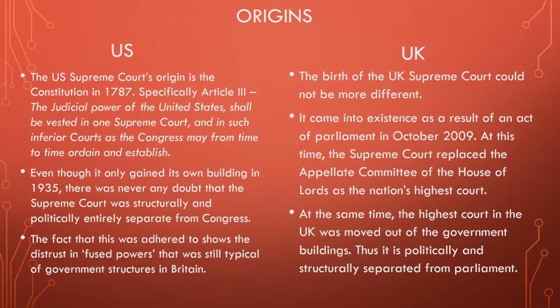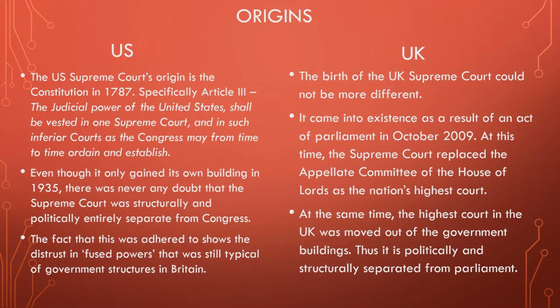And at the same time in 2009, the Supreme Court was moved out of government buildings and given its own building on the other side of Parliament Square, and so it is politically and structurally separate from Parliament itself. And so therefore they could claim that the Supreme Court had been removed from the political structure of Britain at the time.